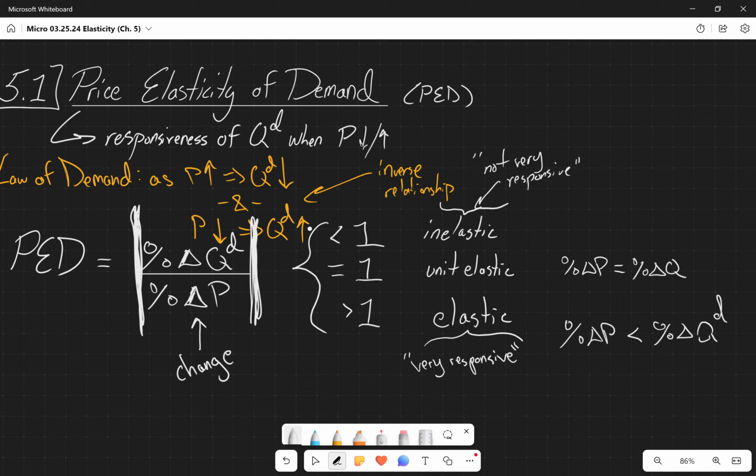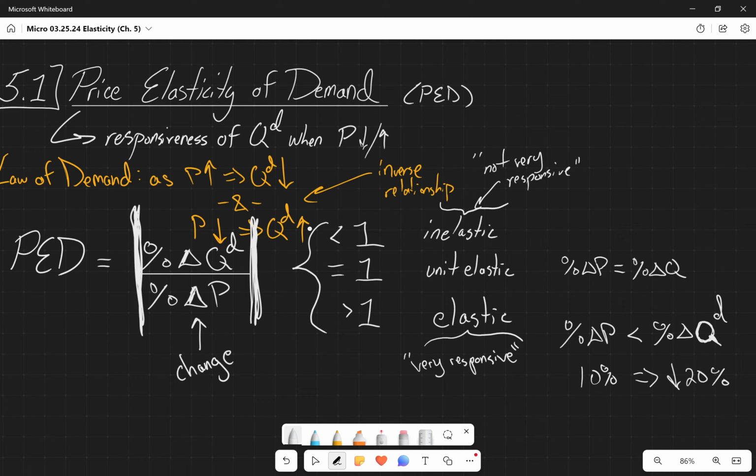The change in the quantity is always going to be greater than the change in the price in elastic. So if I have an elastic situation, maybe I increase the price by 10%, but that results in a decrease in the quantity demanded by 20%.